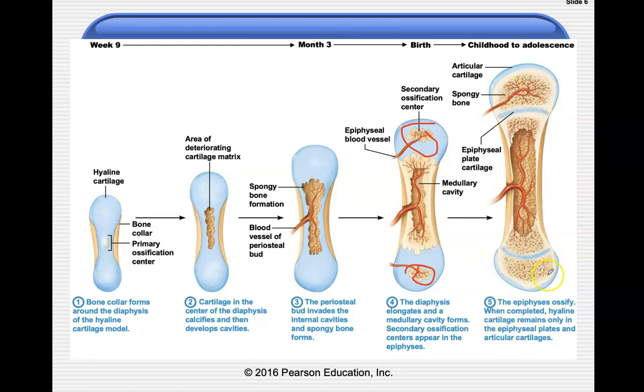And so what ends up happening is when completed, we're going to end up with just 2 areas where hyaline cartilage remains, okay? And that's from childhood to adolescence.